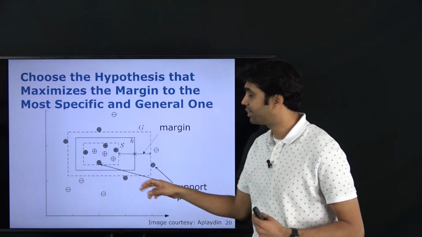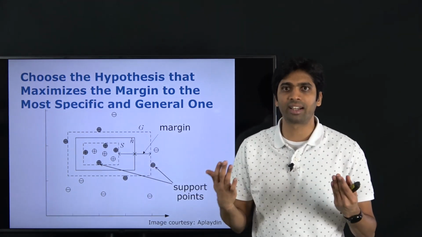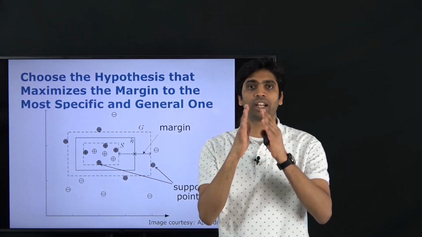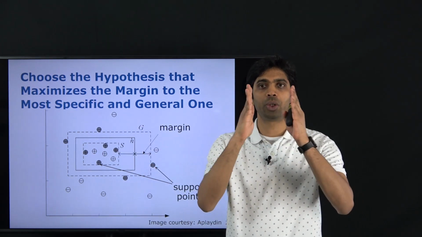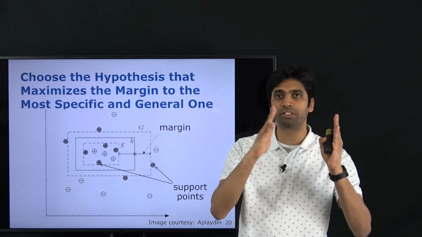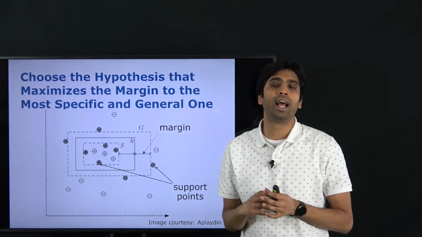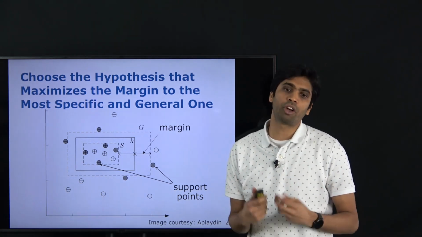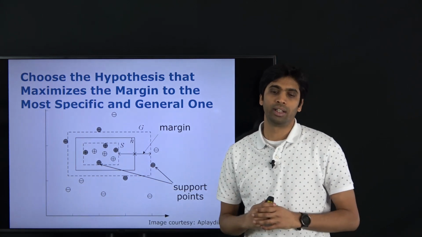So this is one idea amongst many other ideas that one could choose: to choose the box which maximizes the margin. You end up in between, such that you explain both the positive and the negative examples as well as you can. This is one such strategy to use, which often gives quite good results.